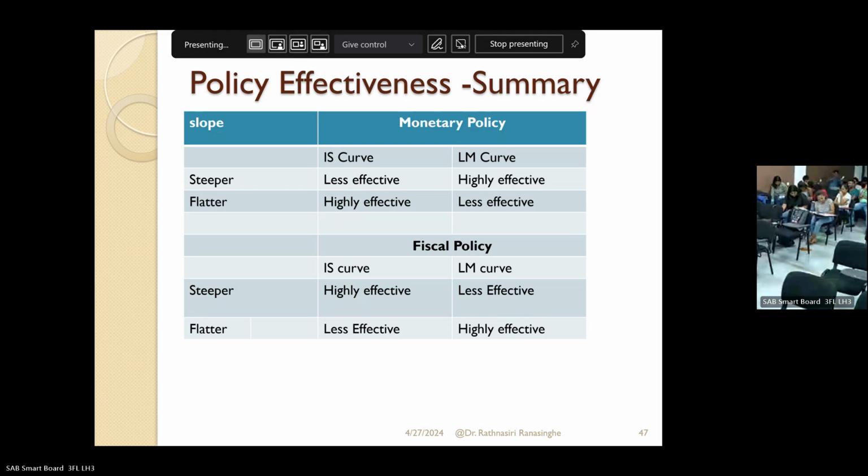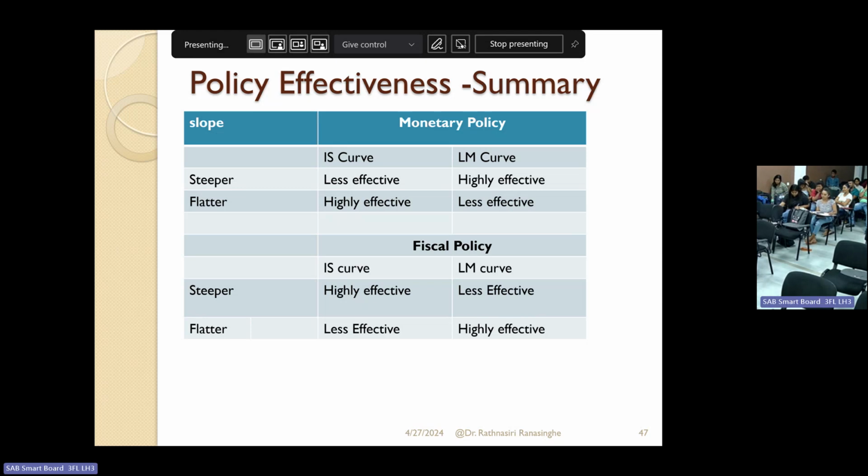With low interest elasticity of investment, we have the steeper IS curve. With high interest elasticity of investment, we have the flatter IS curve.